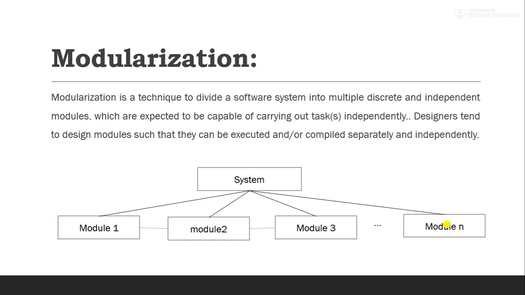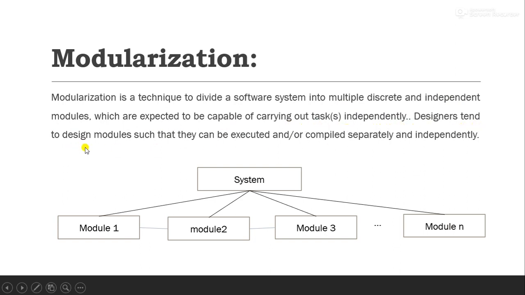Modularization is a very important concept in software engineering. This modularization approach follows the divide and conquer method. Modularization is a technique to divide the software system into multiple discrete and independent modules, which are expected to be capable of carrying out tasks independently.